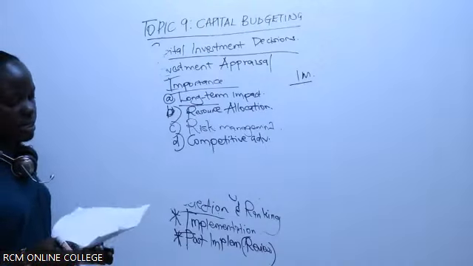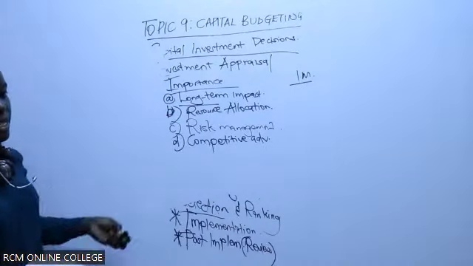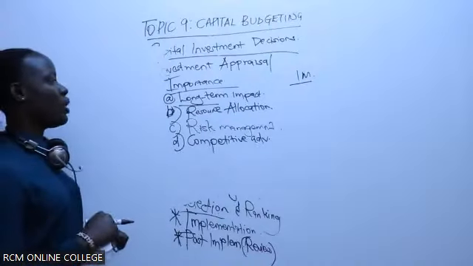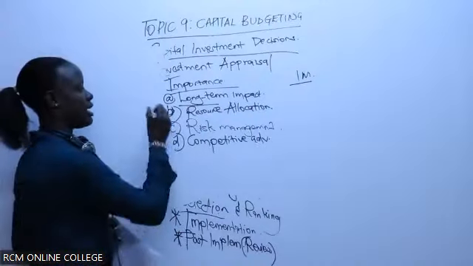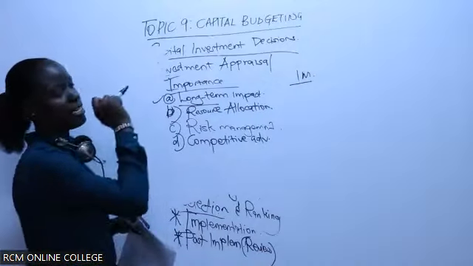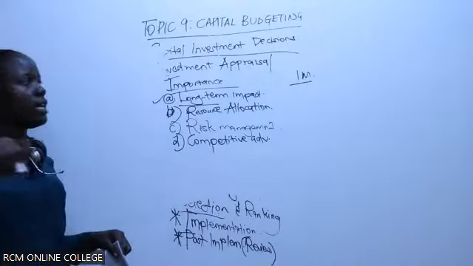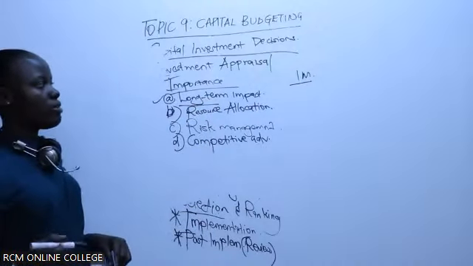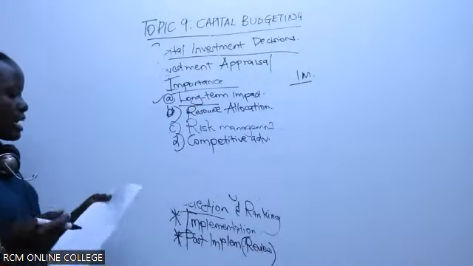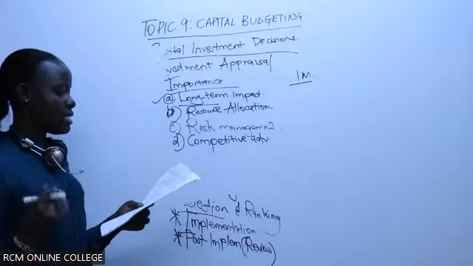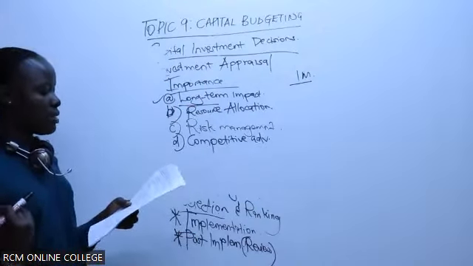Capital budgeting characteristics. First of all, remember we said that it's a long-term aspect. So the first characteristic, or feature, of capital budgeting is that it's long-term in nature. You venture into an investment for a long-term gain. So it has a long-term impact and a long-term commitment.